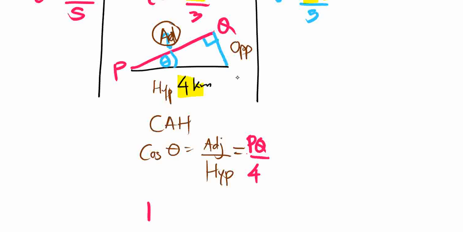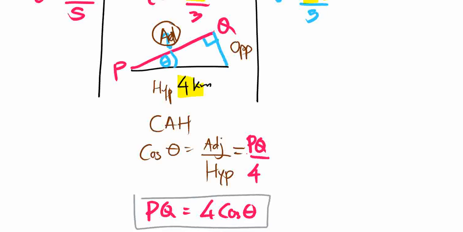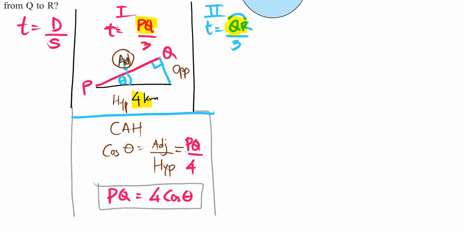Now we have our equation: PQ equals 4 cosine theta. Let's keep this equation. So we got the distance for the first part of the journey.